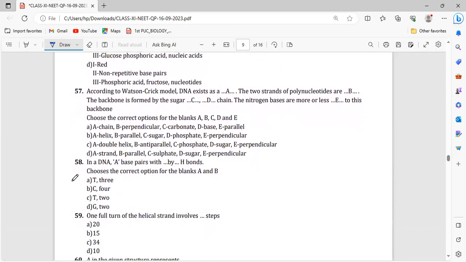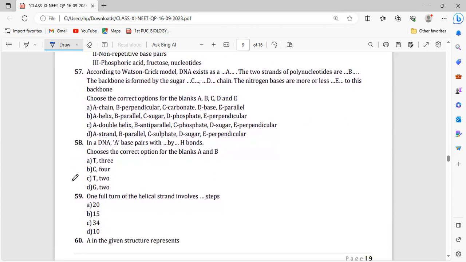Then 57. According to the Watson-Crick model, DNA exists as a double helix. The two polynucleotide strands are anti-parallel.